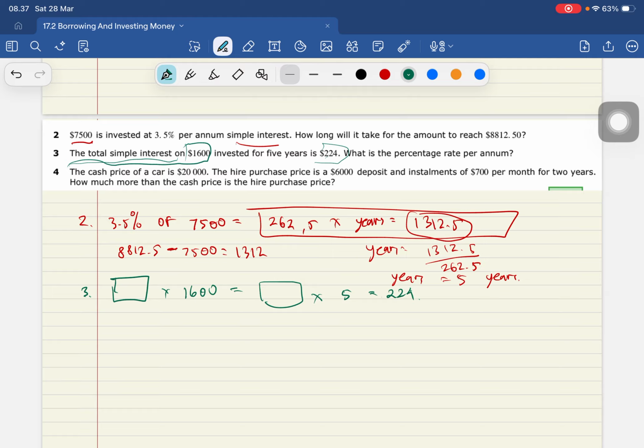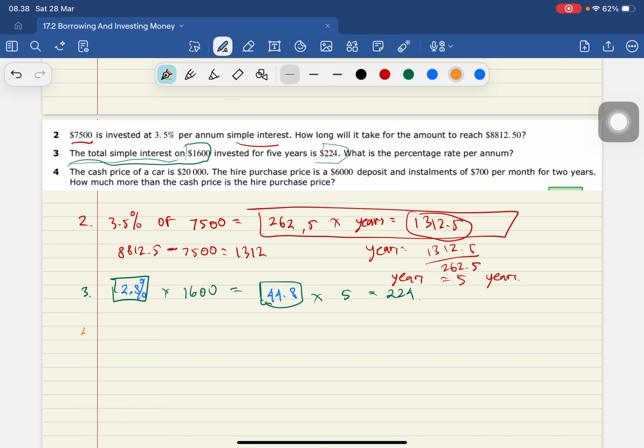To get the interest for 1 year, we divide 224 by 5. Here the dollar amount is 44.8. Then we can reverse it: we divide 44.8 by 16,000. So it's going to be 2.8%. Here we can just reverse from the answer.